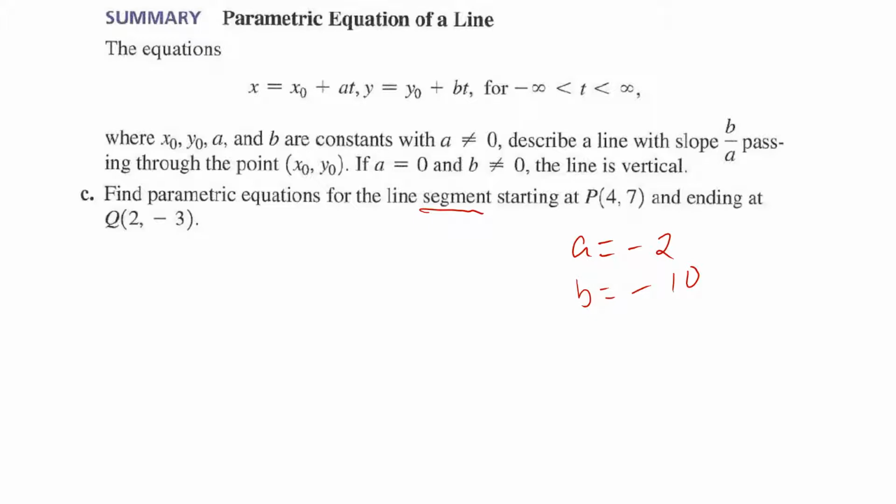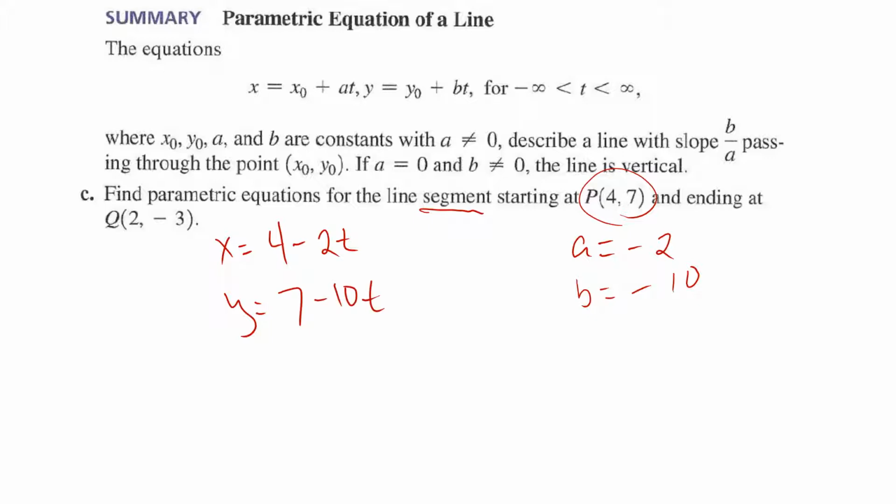So let's start there. And then our P, that's our initial point. So X equals 4 minus 2t. Y equals 7 minus 10t.